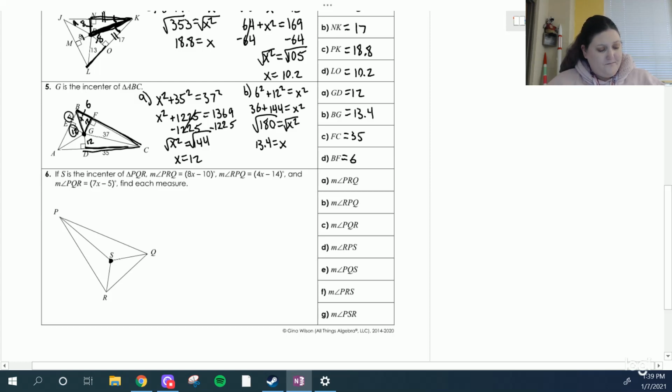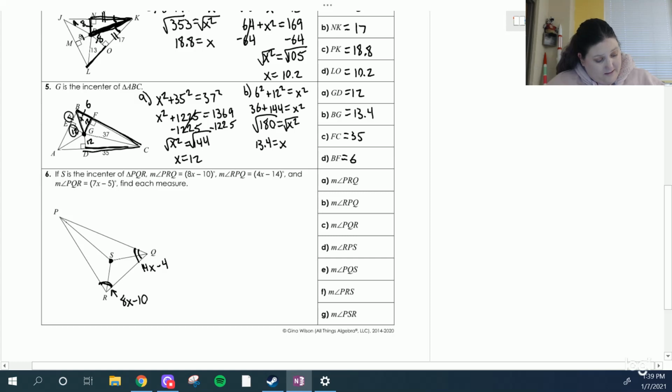So if S is the incenter and the measure of angle PRQ, so PRQ is this whole angle here, is 8x minus 10. They tell us that RQP, that's this whole angle here, is equal to 14x minus 4.